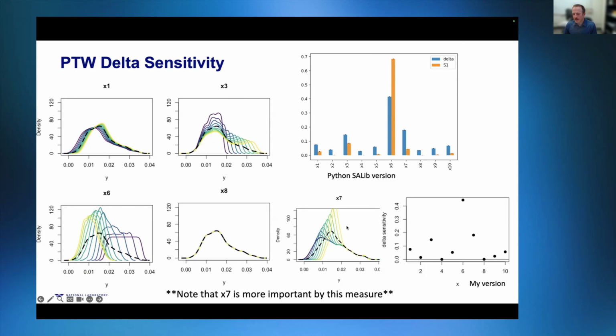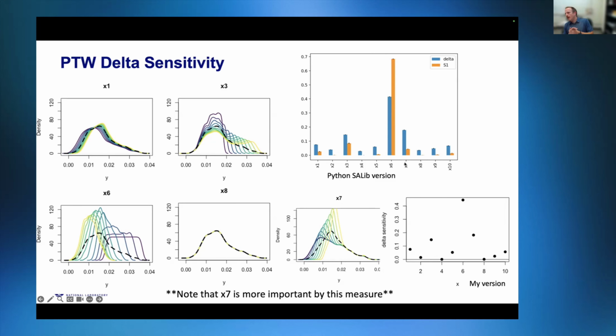That's because the variance in x7 isn't necessarily changing as much as the density, because of this high peakedness that shows up. The variance doesn't change as much as the shape of the density changes. And so that's why this one is registering x7 as something more sensitive than Sobol is.